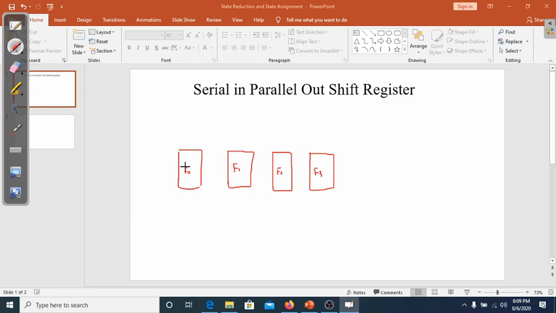These flip-flops have a common clock pulse, and these are positive edge triggered flip-flops.